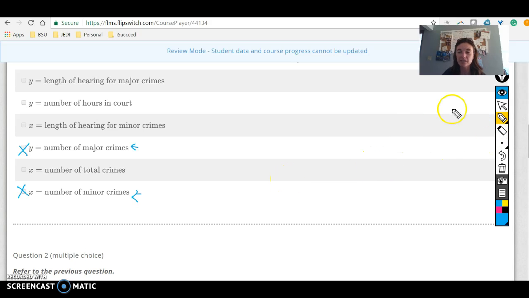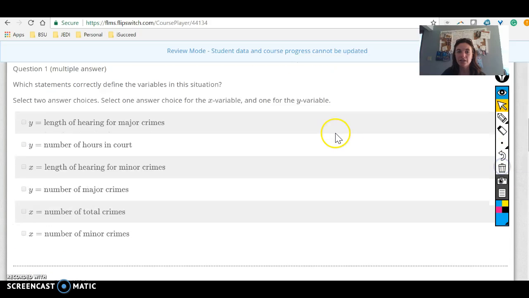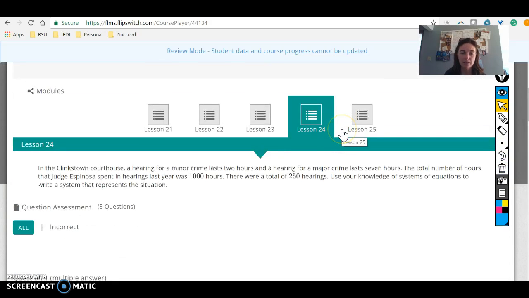Okay, so if x is the number of minor crimes, let's go up here and note that minor crimes, remember x is the number of minor crimes, last 2 hours, and major crimes are y, and they last 7 hours, okay?